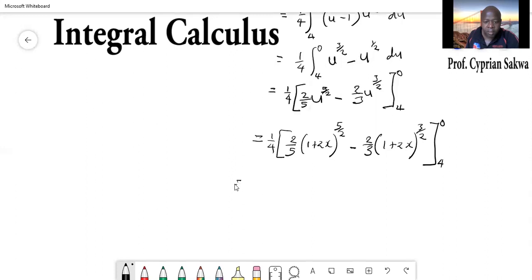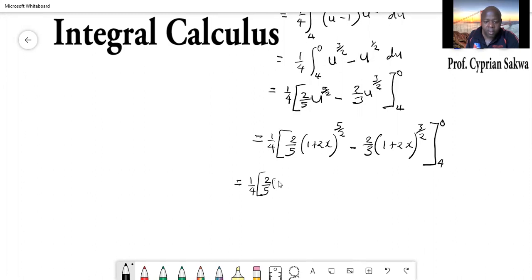So let's put our upper limits. Remember that this 1 over 4 is outside, so it's 1 over 4 into 2 over 5. Putting the upper limit 0, this will be 1 plus 2 multiplied by 0, which is just 1. 1 raised to 5 over 2 would be 1.